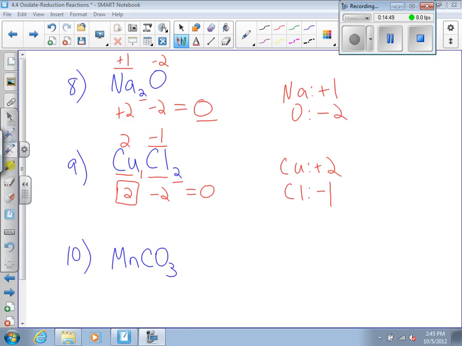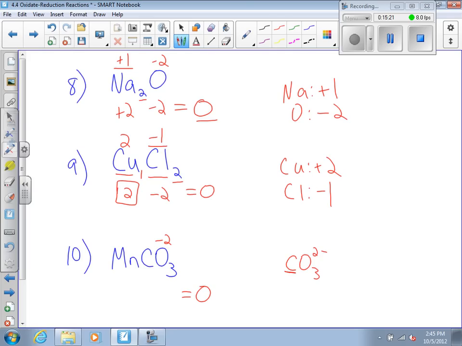Last but not least, we've got, again, a compound. The total must add to 0. Oxygen we know is -2. We don't know what the manganese is, and I don't know what carbon is. So what I'm going to have to do is recognize I've got a polyatomic ion in here, and I'm going to pull out my polyatomic ion. Whenever you see a polyatomic ion, pull it out of the problem, and you can always solve for the second element in the polyatomic ion using the charge of the polyatomic ion.